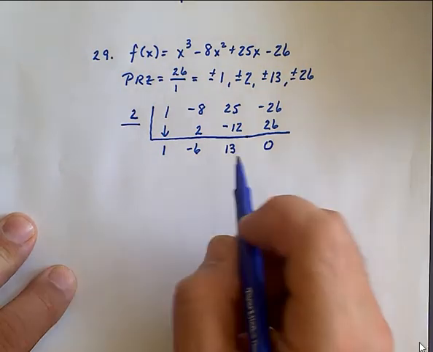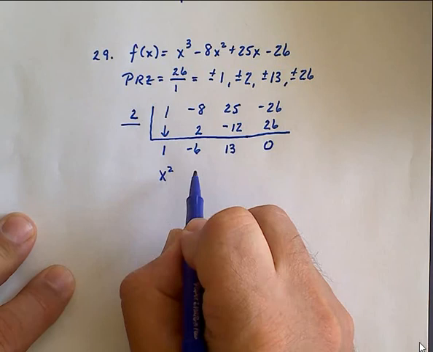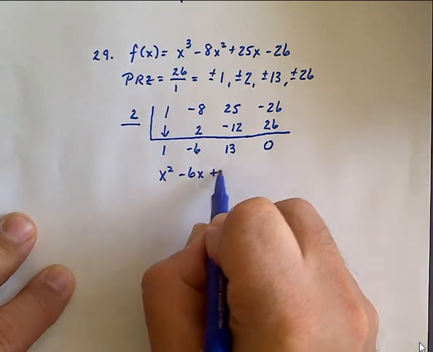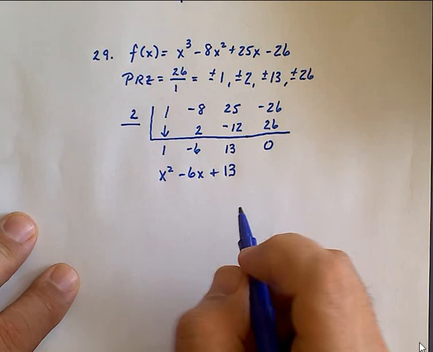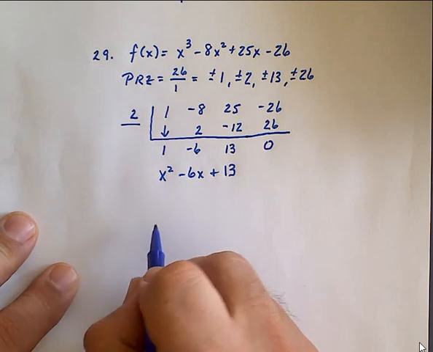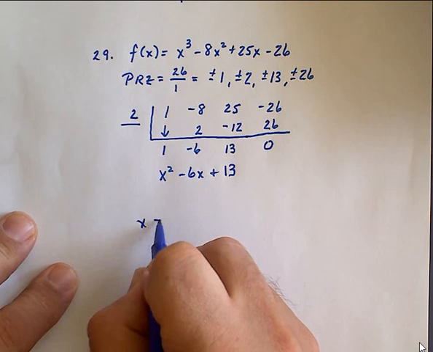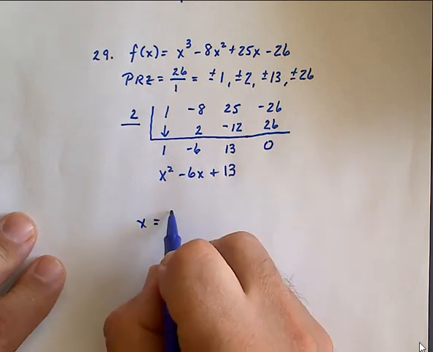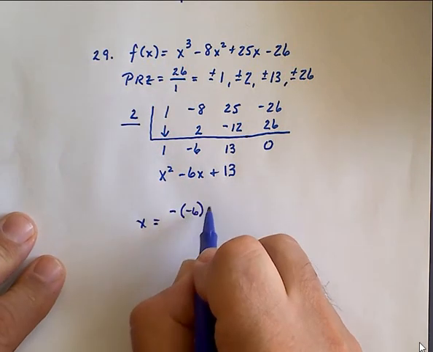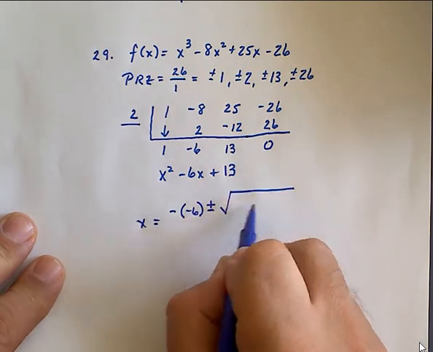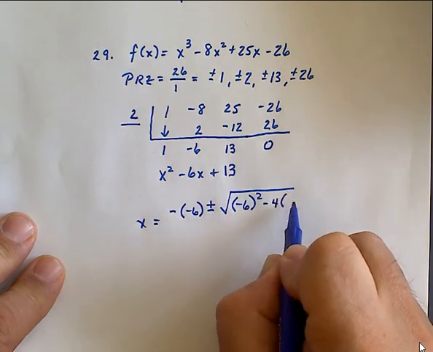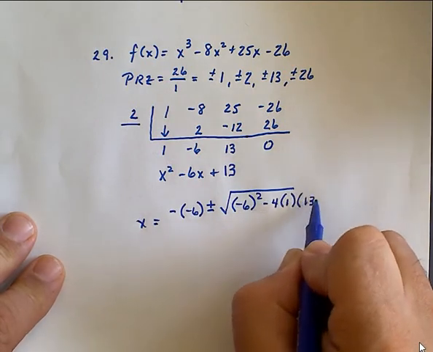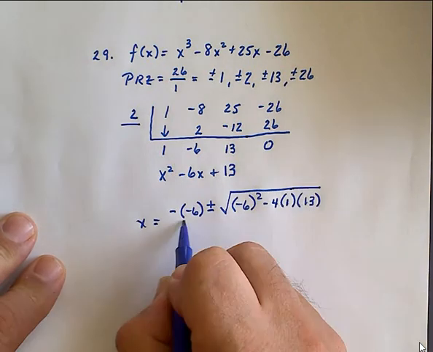So what I'm going to do, if I put my x's back in, this is the quadratic that's left over after I divide. Put that into the quadratic formula, then x equals the opposite of -6, plus or minus the square root of -6 squared minus 4 times 1 times 13, and that's all over 2 times 1.